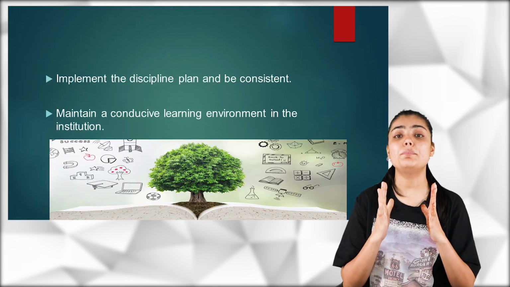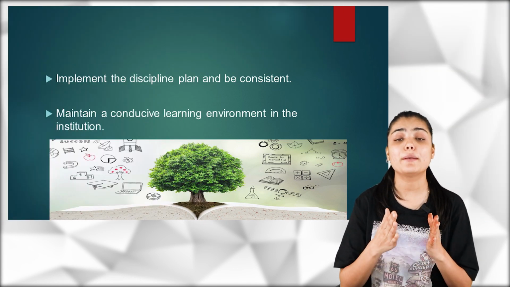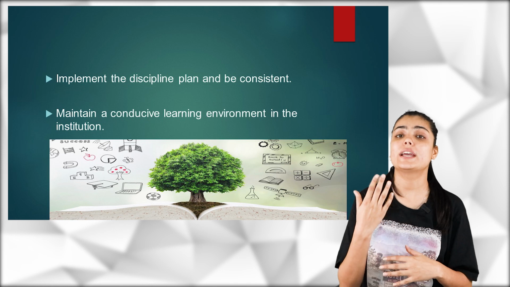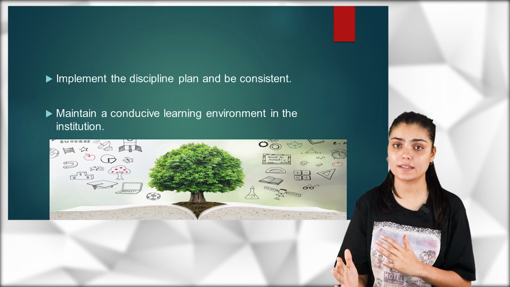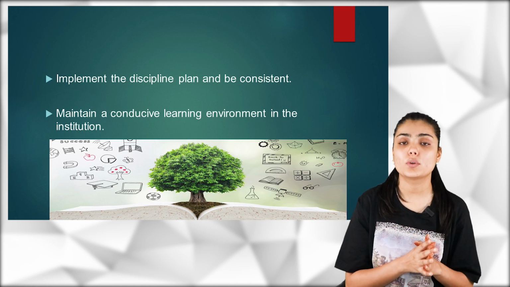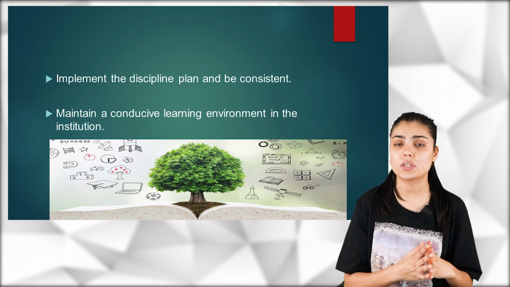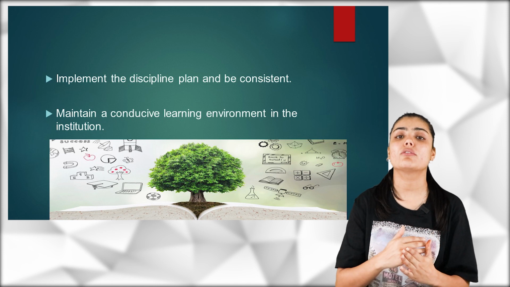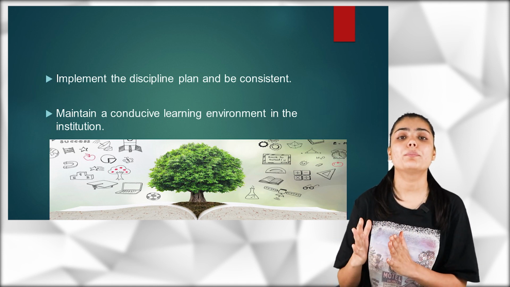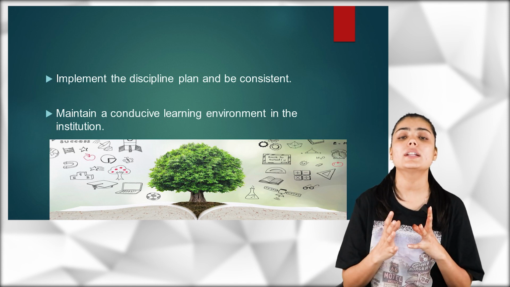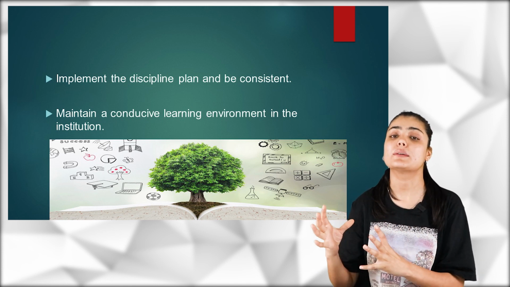Next one is to implement the discipline plan and be consistent. We have to administer the discipline promptly and we have to be consistent. So once the students are admitted to the institution, the teacher has to review the disciplinary plan with the students for a period of time and make sure that the students are aware about the disciplinary plan.